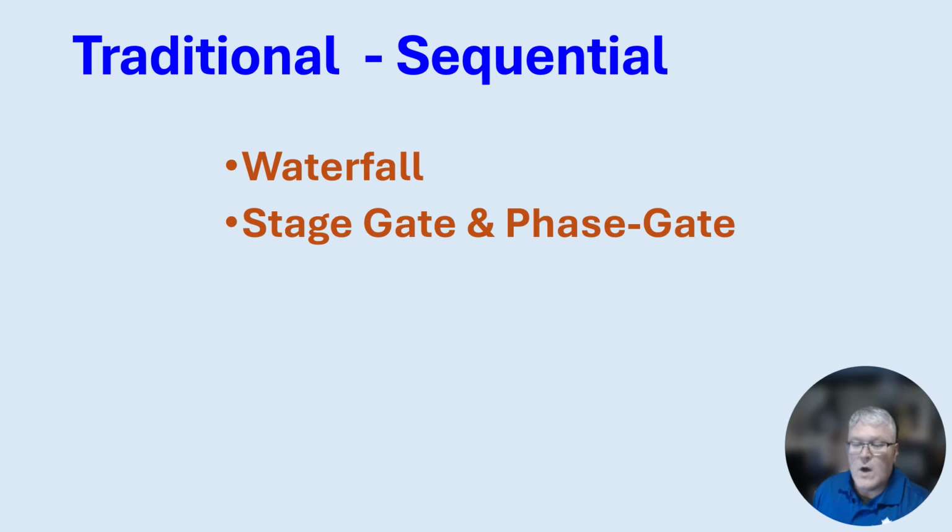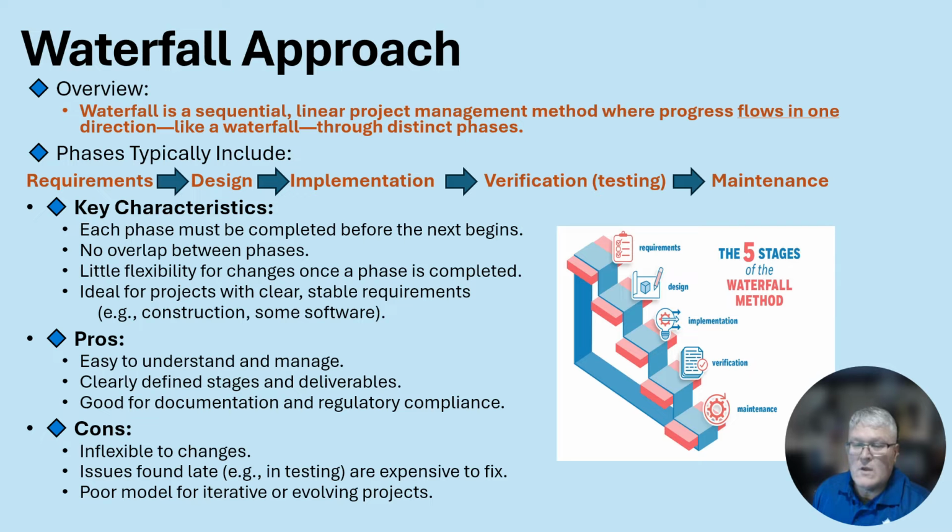Okay, so the waterfall approach, stage gate, or phase gate approach. The waterfall approach is a sequential linear project management method where progress flows in one direction, like a waterfall, through distinct phases.